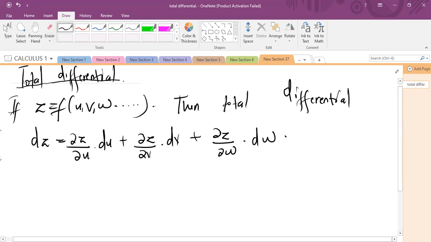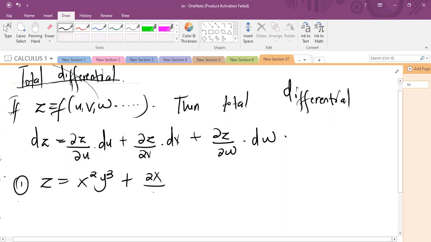So if you're given an example, let's say we have our example 1, you're being told z is equal to x squared y cubed plus 2x over y, and then you're being told to get the total derivative dz. So how do you go about getting dz?